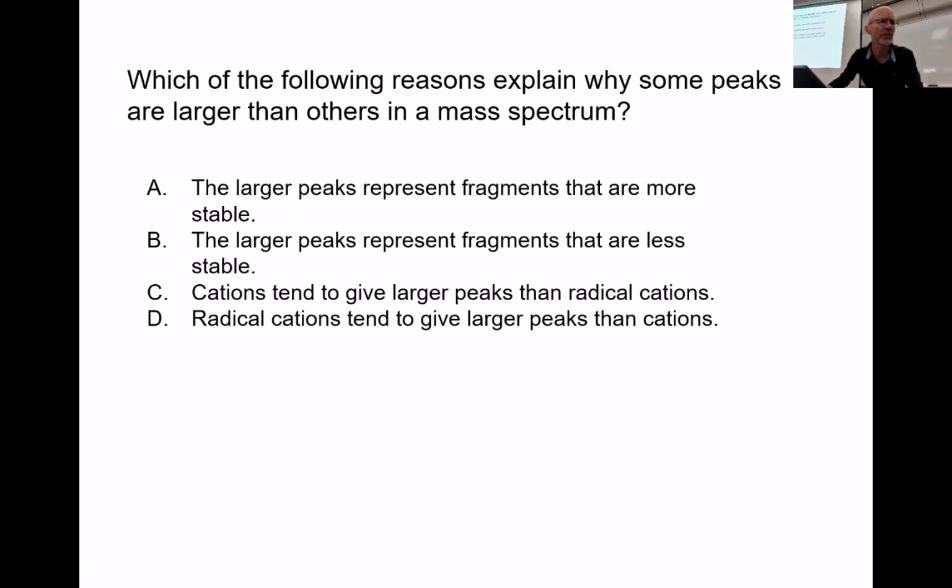If you've got your devices, it's a multiple choice question, found on page 53, question 8. Which of the following reasons explain why some peaks are larger than others in a mass spectrum? It's really just a reiteration of what we were talking about a second ago.